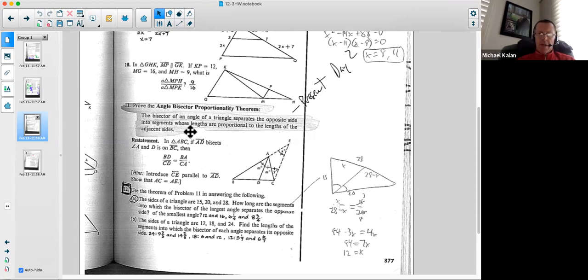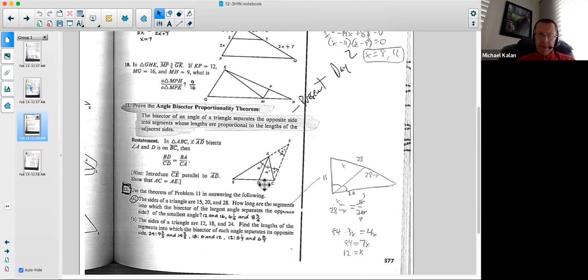Okay, the bisector of an angle, so here you can see angle A is being bisected, okay, separates the opposite side into segments whose lengths are proportional to the lengths of the adjacent sides. So in other words, in this particular case, BD over CD equals BA over CA.